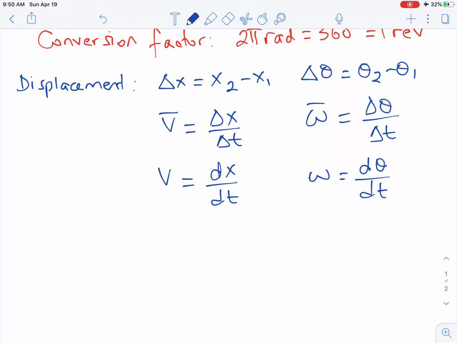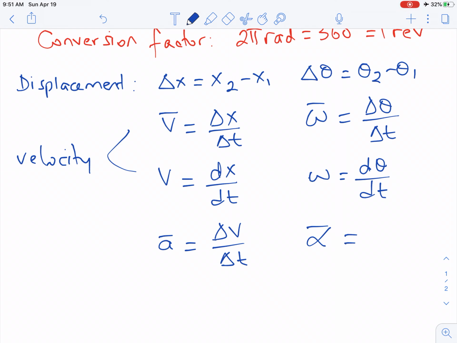So these two are velocity, average and instantaneous. Now we did the same thing for the acceleration. We did average acceleration and then instantaneous acceleration. Average acceleration is change in velocity over time. And now a goes to alpha bar, and v goes to omega, delta omega over delta t. So again, nothing really different since we've used the linear form a lot.